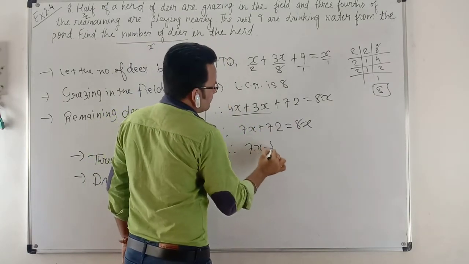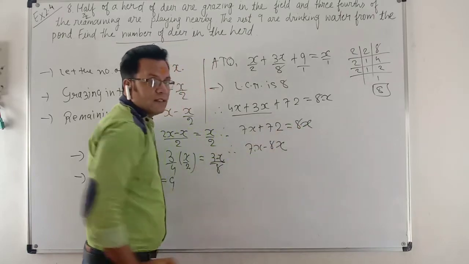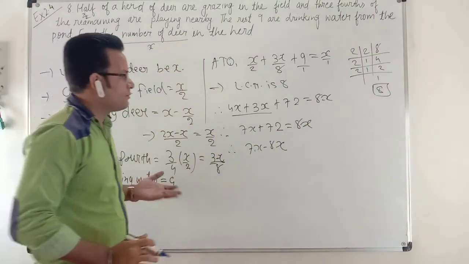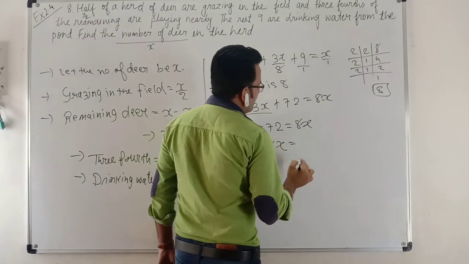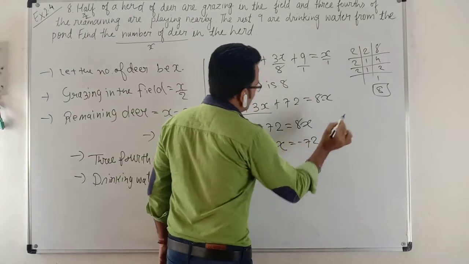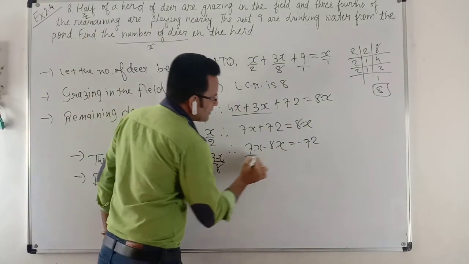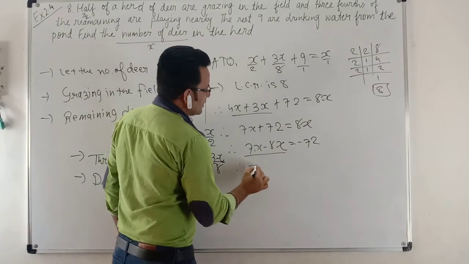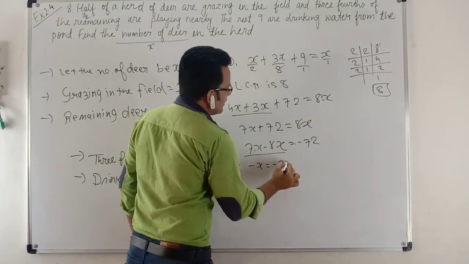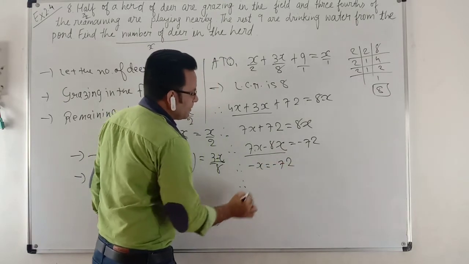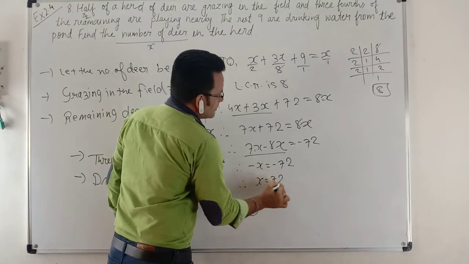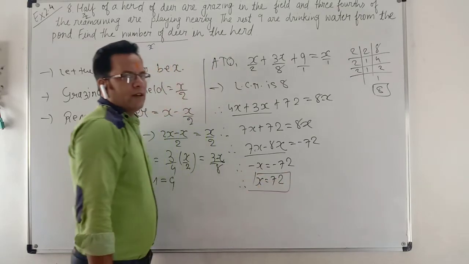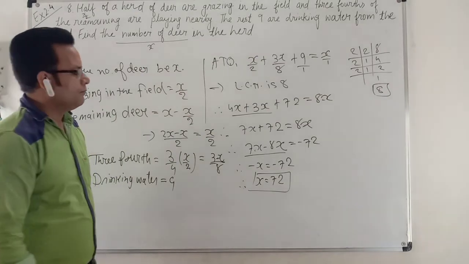Therefore 7x minus 8x: 8x comes to the LHS, becomes negative, and plus 72 becomes negative to the RHS. 7 minus 8, therefore minus x is equal to minus 72, minus minus plus. So x is equal to 72.